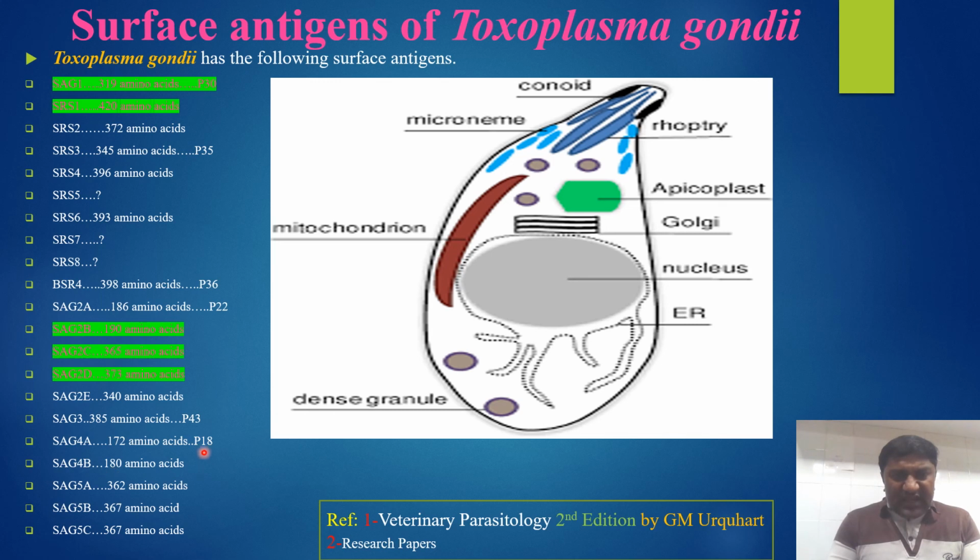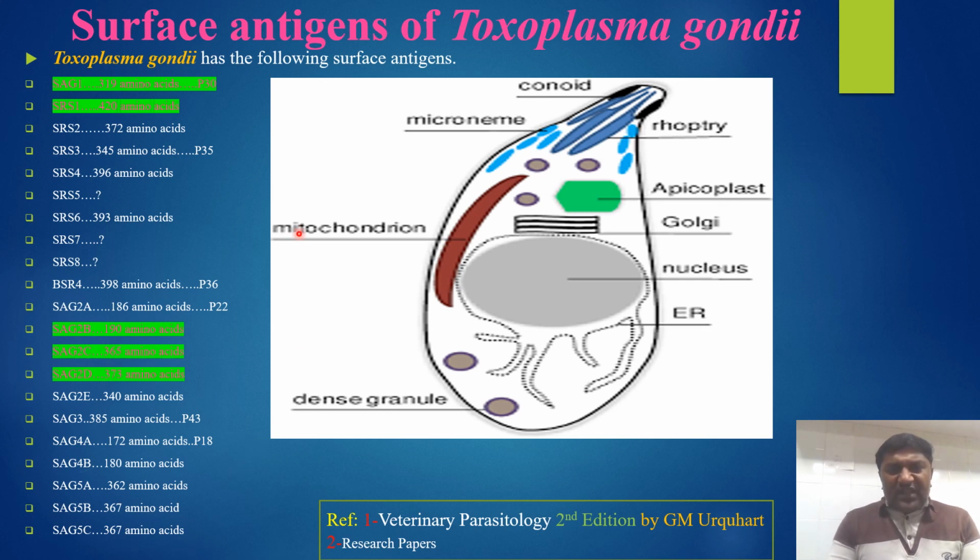SAG4B has 180 amino acids. SAG5A has 362 amino acids, SAG5B has 367, and SAG5C has 367 amino acids.